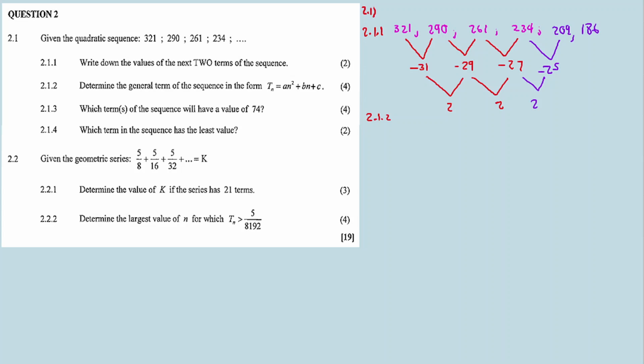Now bheka, Tn is equal to an squared plus bn plus c. We want our values of a, b and c. A we calculate by saying 2a is equal to 2, which is the common difference in your first branch.